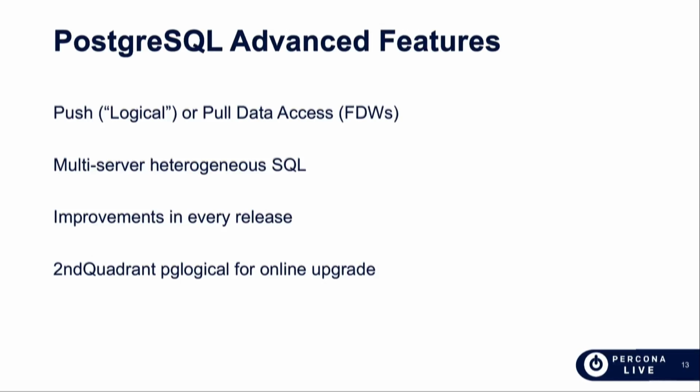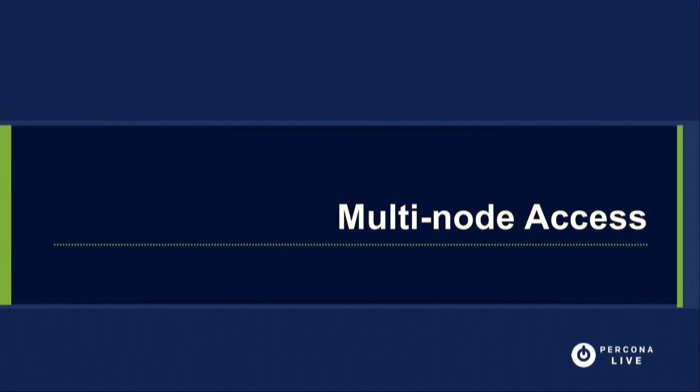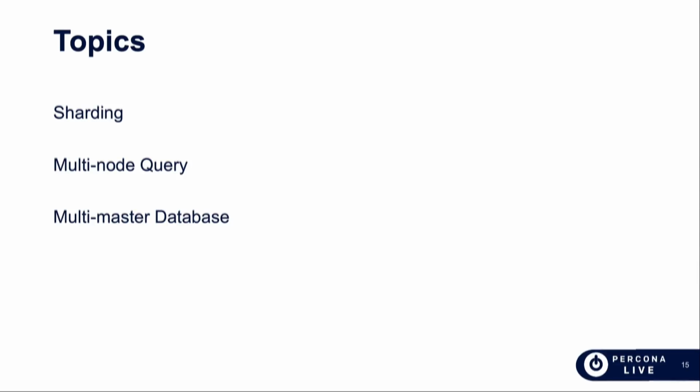And now I'd like to move on to a third category of architecture, which is architectures for multi-node clusters and various purposes that we might use those clusters for. So, multi-node access. I'm going to start by talking about sharding, and then I'm going to talk some more about the details and problems associated with multi-node query, and then move on to talking about multi-master database as well.